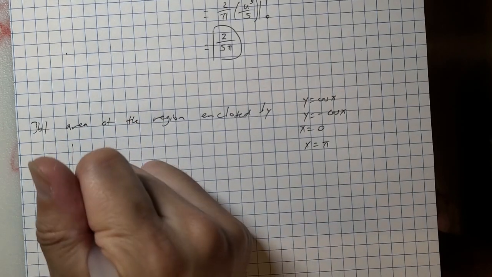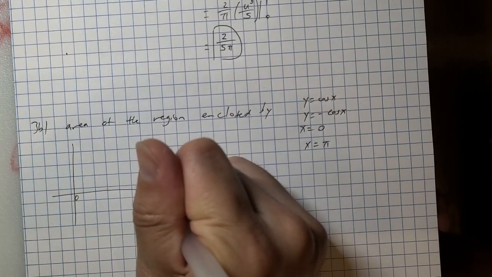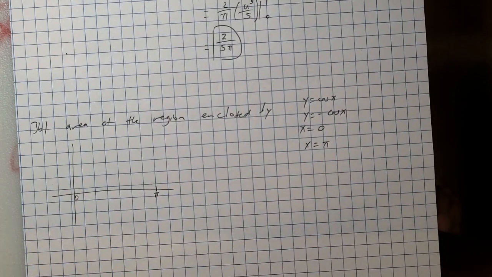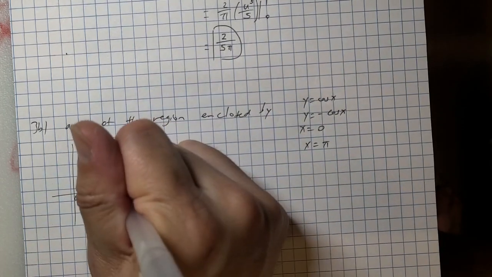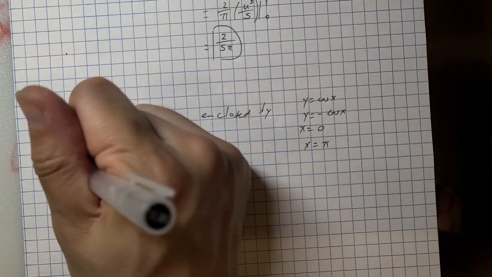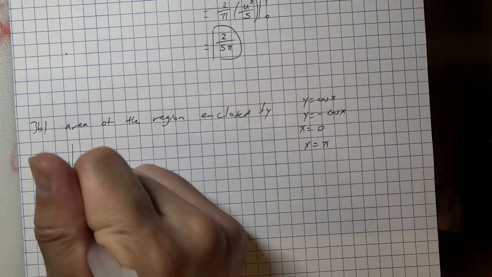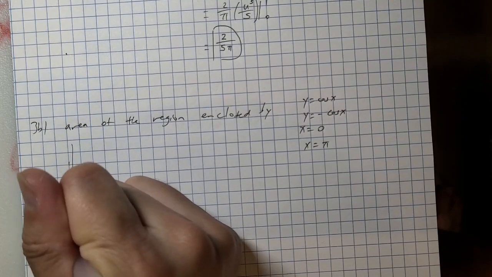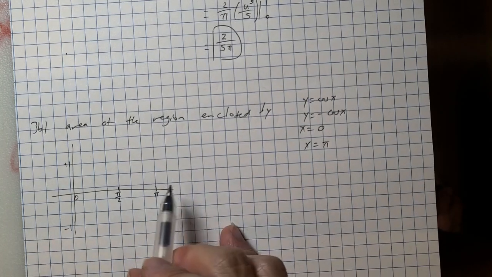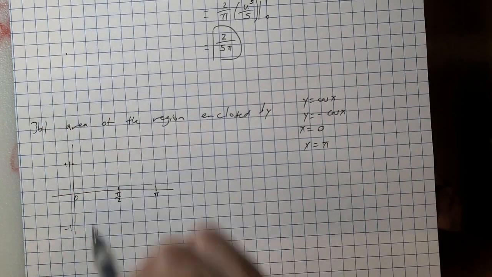Okay, so this is 0. Let's say up to this point is pi over here. Okay, so cosine x, how does that look? Let's define this point pi over 2. So this is 1 and minus 1. Cosine starts at 1, correct?